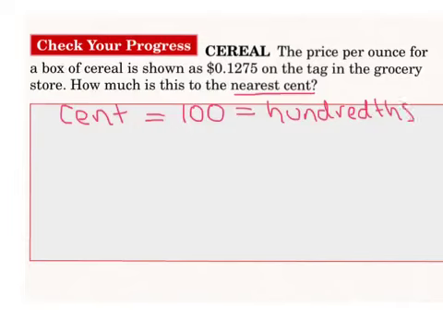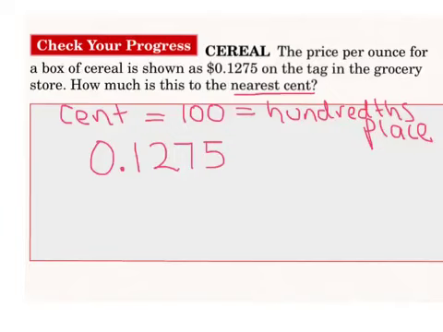So you have 0.1275. Since you're rounding to the nearest cent, which is the hundredths, you're going to look at the second digit, because the 1 is the tenths place, then hundredths, thousandths, ten-thousandths. So this is the number we're going to round.